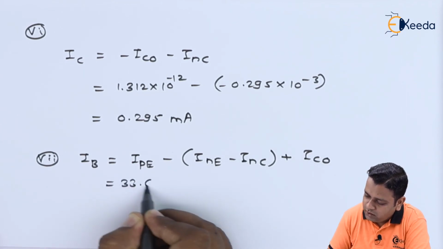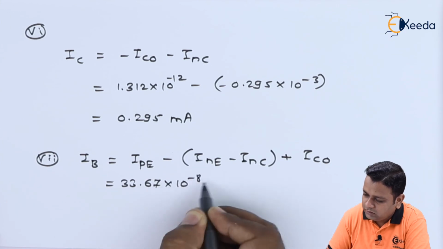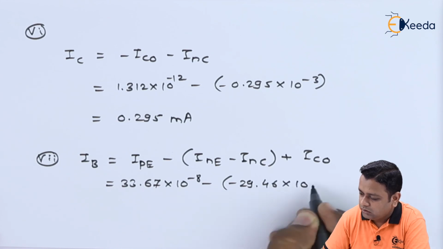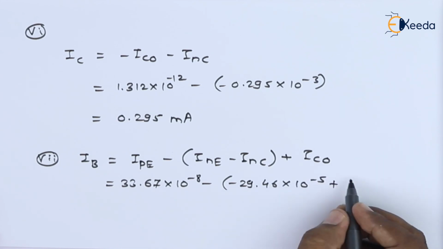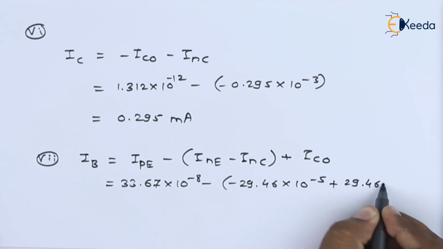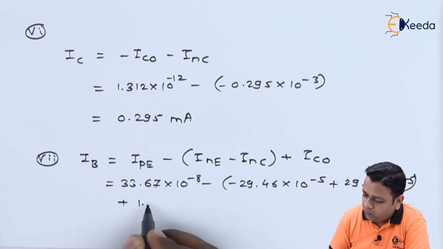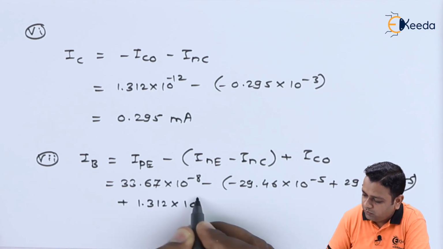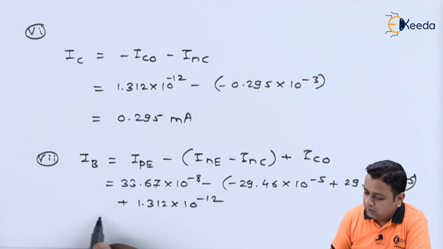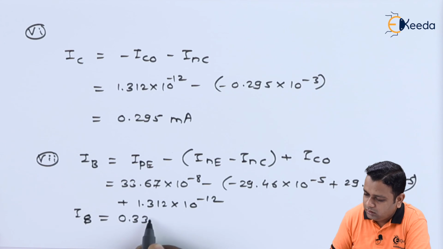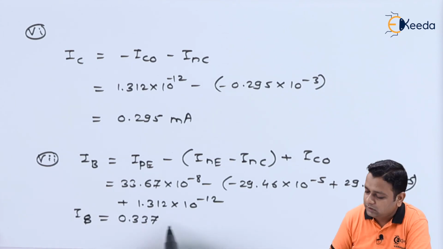It is 33.67 into 10 raised to power minus 8 minus of minus 29.46 into 10 raised to power minus 5, added with 29.46 into 10 raised to power minus 5, and the last term added is 1.312 into 10 raised to power minus 12. This gives the added output of the current for the base, that is 0.337 into 10 raised to power minus 6, which we can write as microamperes.